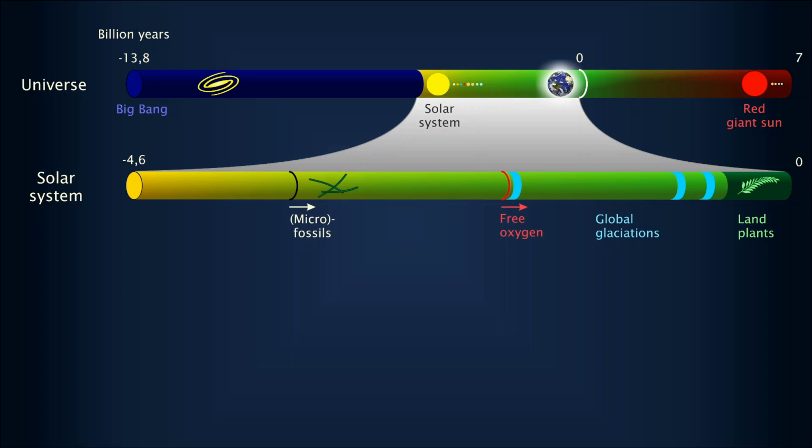So the first microfossils were found about 3.4 billion years ago, but life itself must have emerged much earlier, according to biochemical evidence. So life itself emerged at a pretty early time point in our history.